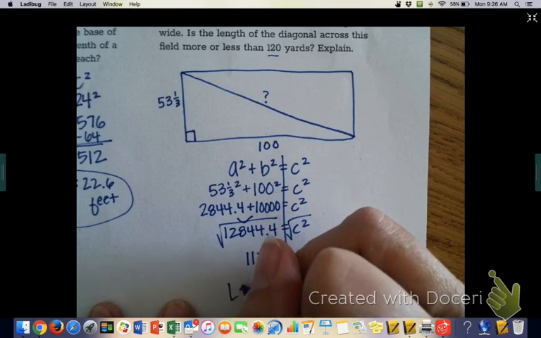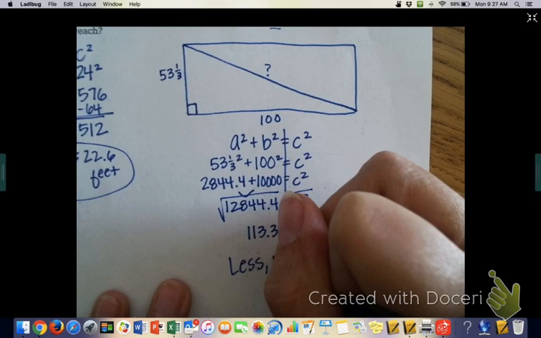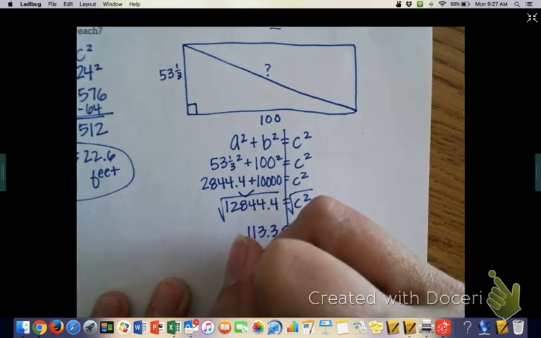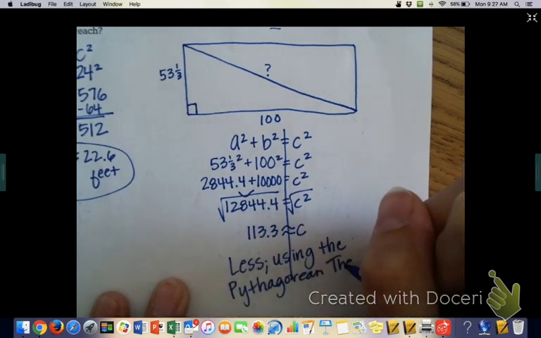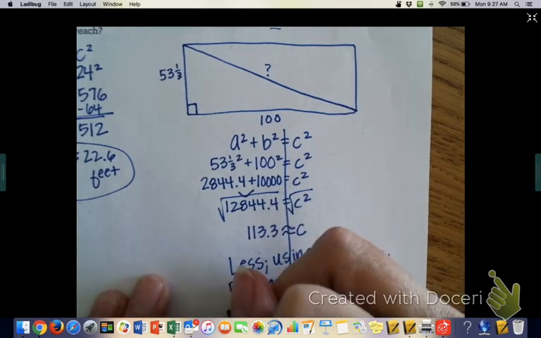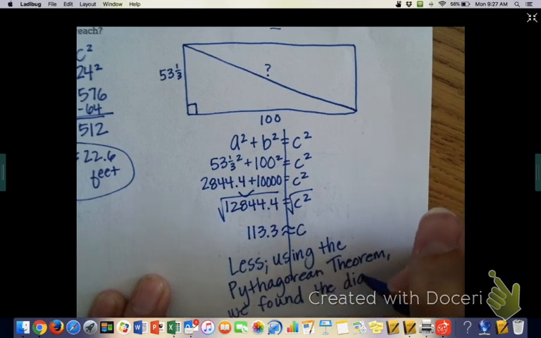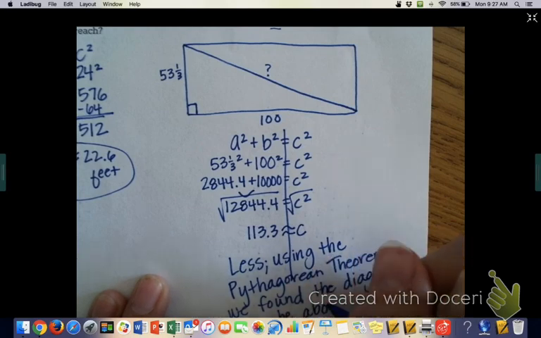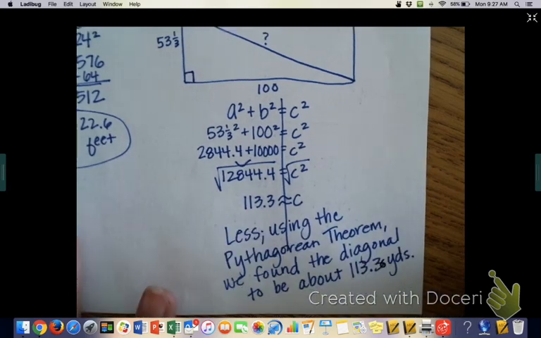It is less, and when it says to explain, we can put, using the Pythagorean theorem, we found the diagonal to be about 113.3 yards. Okay, good job.